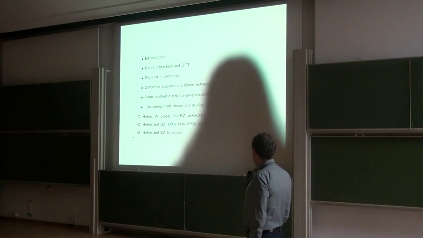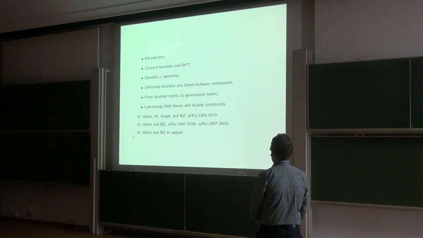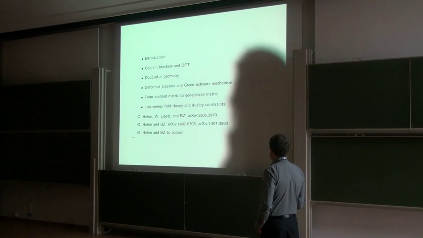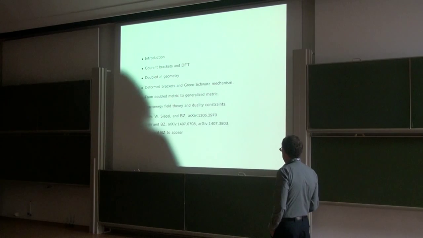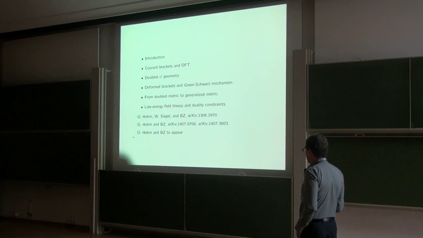But there's also this object called the double metric. Not the generalized metric, but the double metric, and they are related, and part of the puzzle here is how to connect these two. Finally, I'll make some observations about low energy field theory and duality constraints.